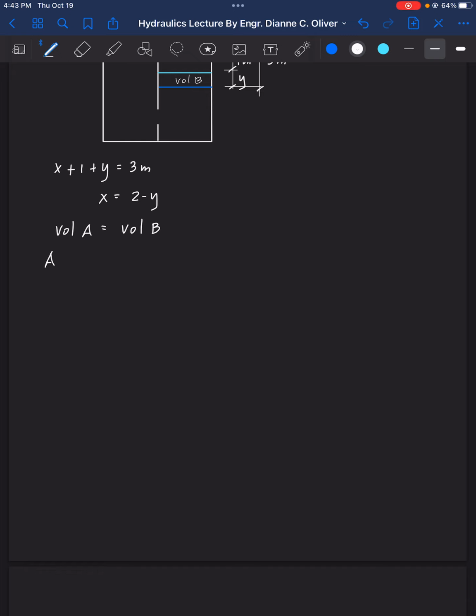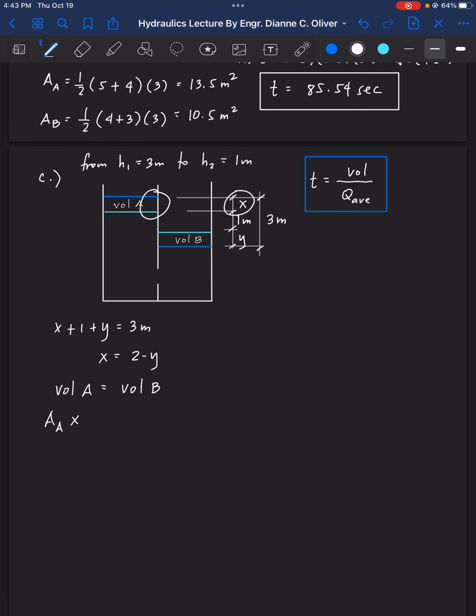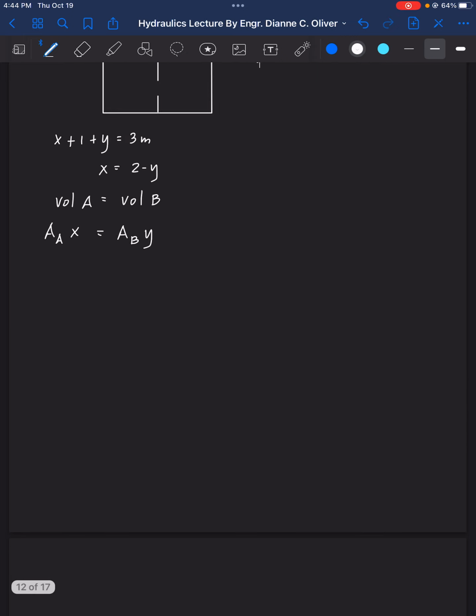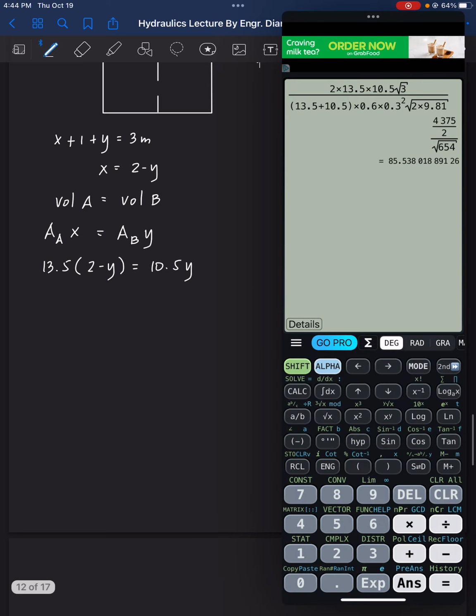The area that we solved a while ago at A multiplied with X height is the volume at A, and then we have the area at B multiplied with the height of this volume, which is Y, becomes the volume B. So this is 13.5 times X, which is 2 minus Y, equals 10.5 Y. So we will now have the value for Y: twice of 13.5 all over 13.5 plus 10.5.